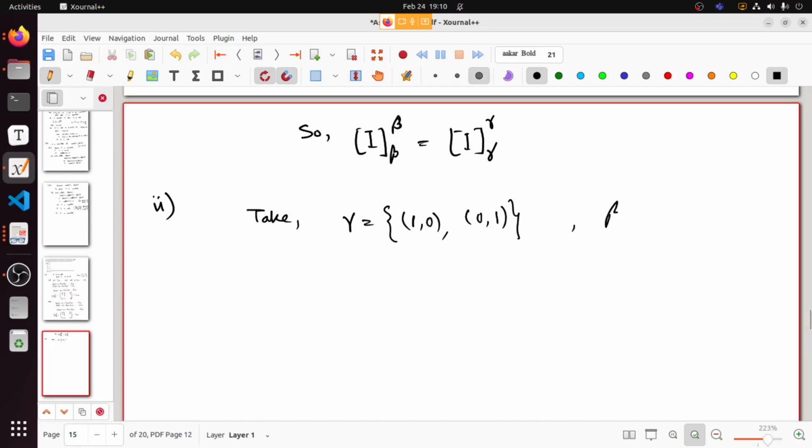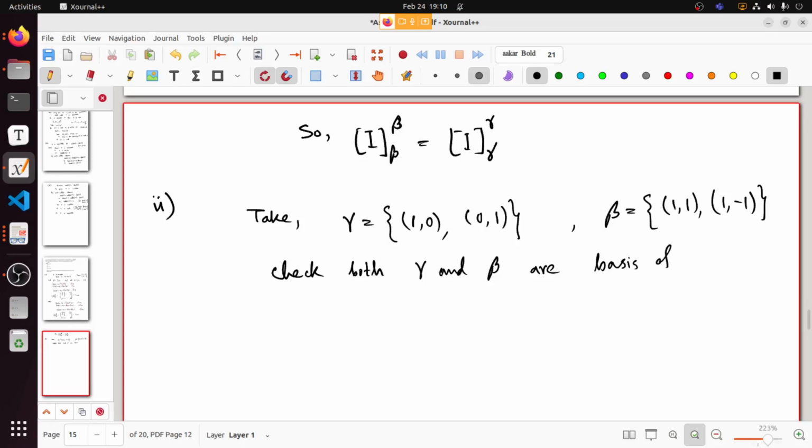And take beta to be 1 1 and 1 minus 1. You can check that both gamma and beta are bases of R2.